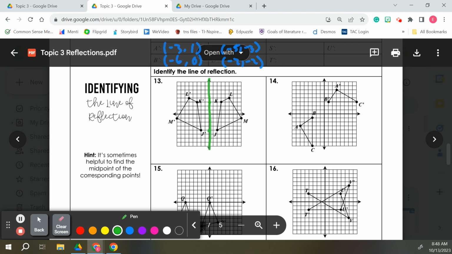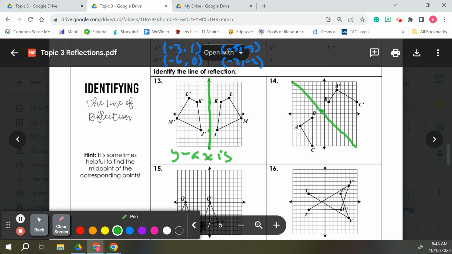So what is the line of reflection here? The y-axis, yep. Again, here and here, we're looking for something that's a little bit equidistant, which would probably be right here. So that probably means that this is what?